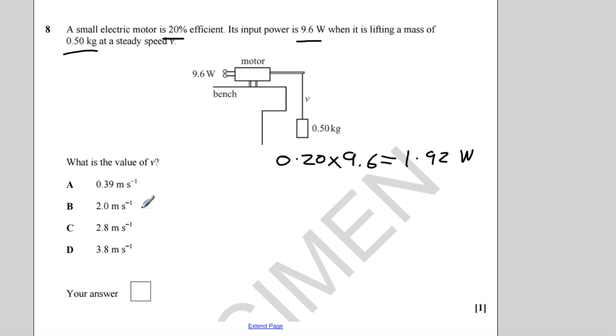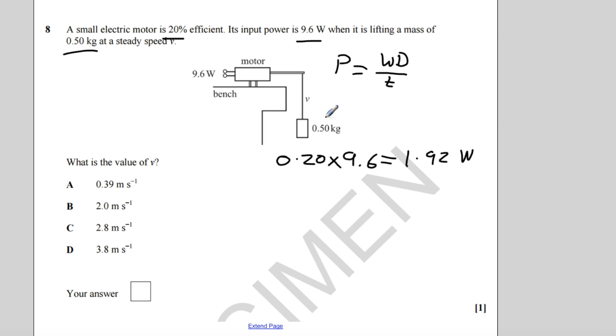Now to decide what the velocity is, so we're probably not used to dealing with these sorts of questions, but I'll talk you through how you can do it. So the way that we can do it is start off by looking at the power. Now the power is the work done per unit time.